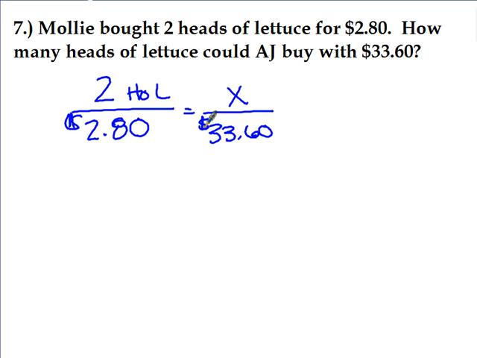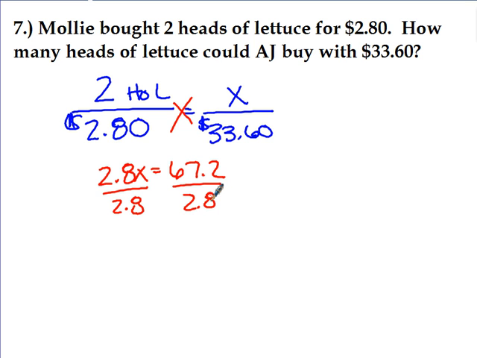So I'm going to cross multiply. So I get 2.8x equals 67.2. And when I divide, I get that x is 24 heads of lettuce.